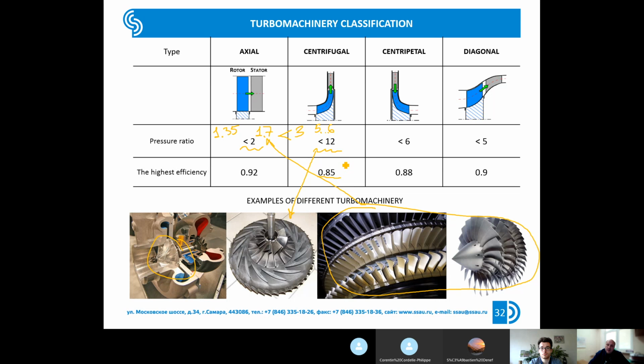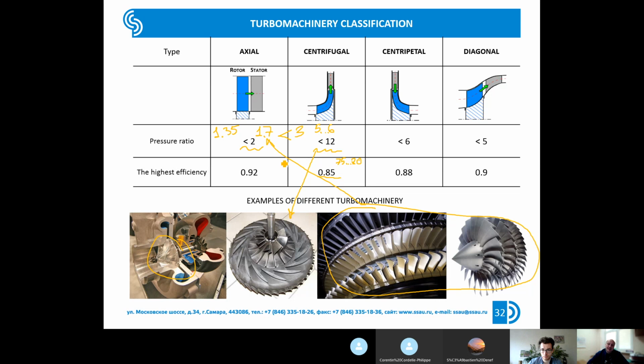I think the typical useful level of efficiency of a centrifugal compressor stage is approximately 75-80%. So what's the conclusion?